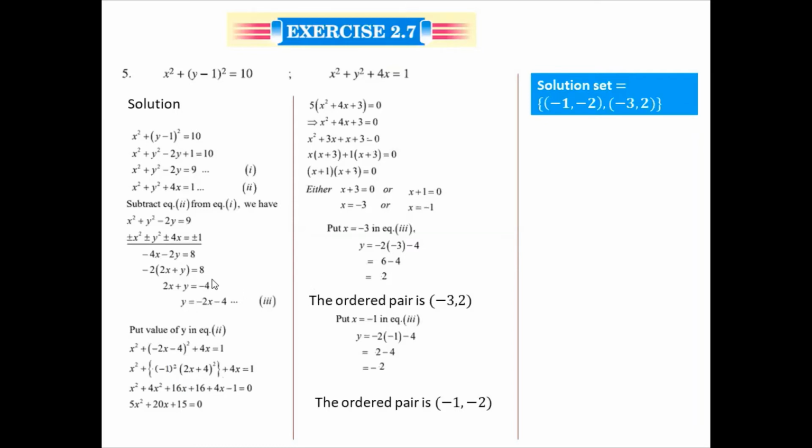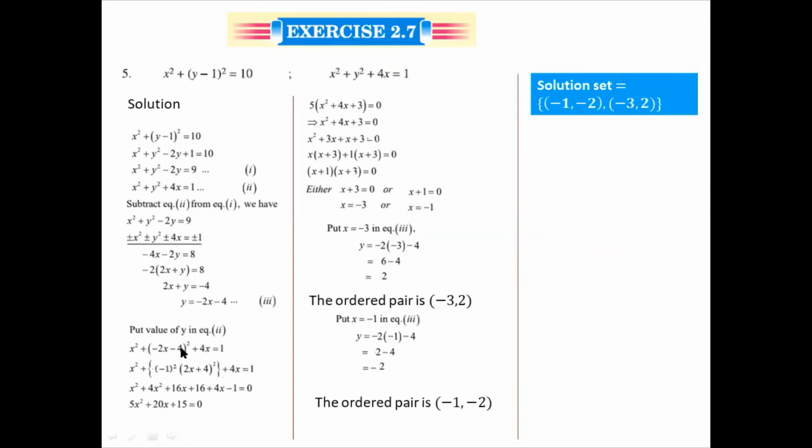Now this is a linear equation, and again we use this linear equation with equation 2 to find the solution of the simultaneous system. Put the value of y in equation 2. So x square plus (minus 2x minus 4) whole square plus 4x is equal to 1.